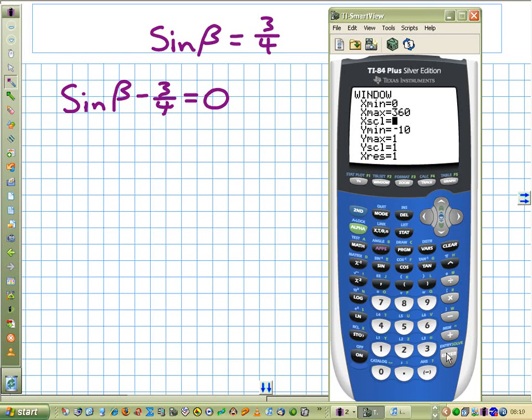I'll set my y min to be, let's say, -2. This is not as important, but we want to be sure we get the x-axis in there. So I'll set it from -2 to 2. By doing this, we're going to see every place between 0 and 360, or between 0 and 2 pi, where it crosses the x-axis. So now I just graph it.